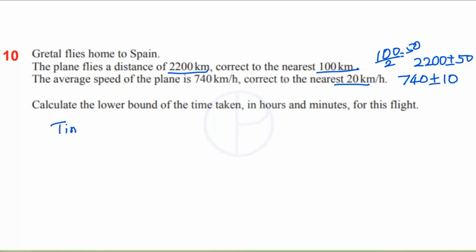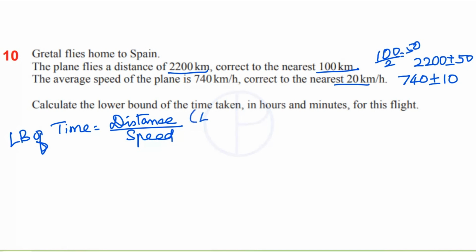So time is equal to distance divided by speed. We need to find the lower bound of time. To get the lower bound of time, we need to take the lower bound of the distance and the upper bound of the speed.